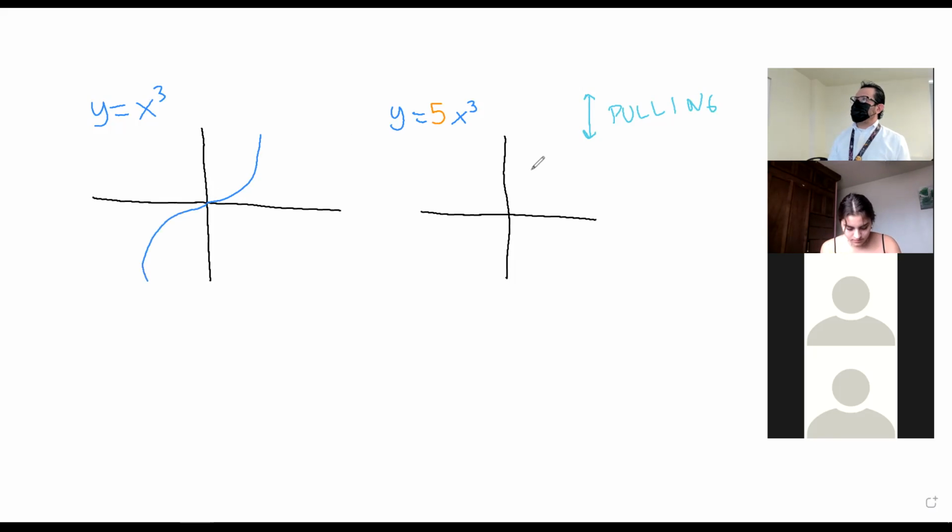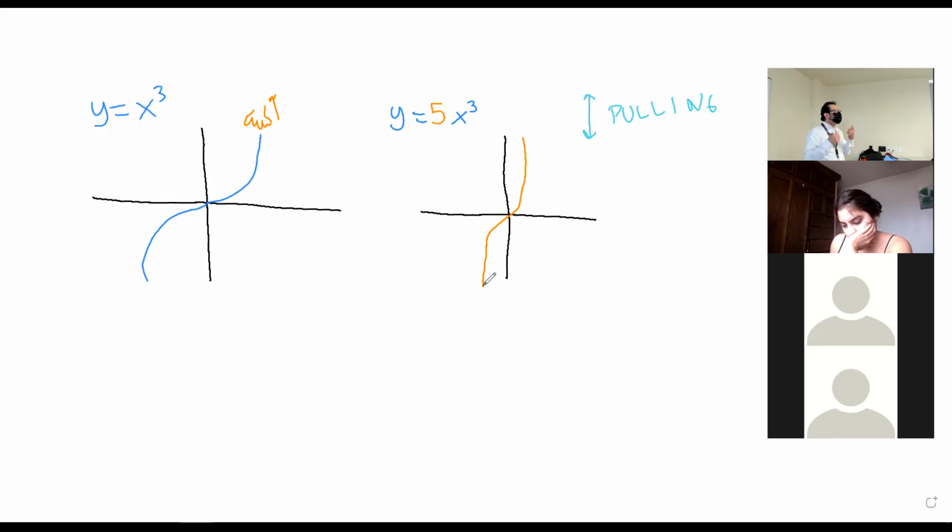Imagine that I am grabbing it with a hand and the hand is pulling it upwards. That means the graph is going to be a little bit closer to the y-axis. The larger the number, the closer to the y-axis.